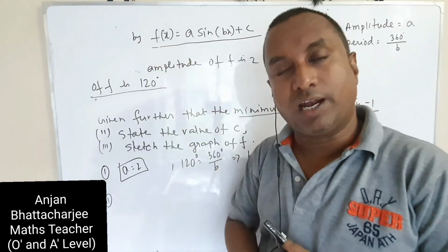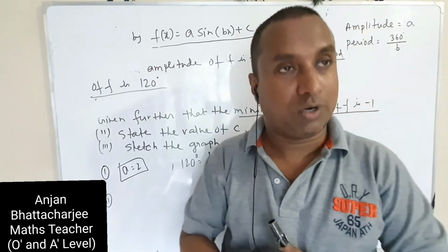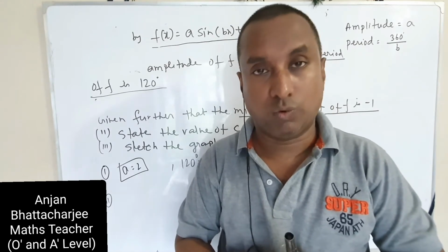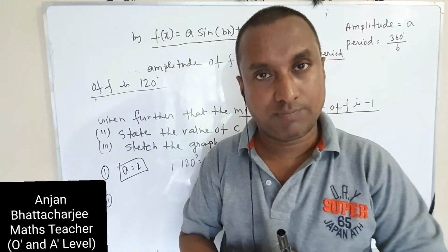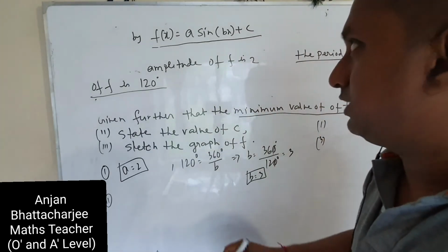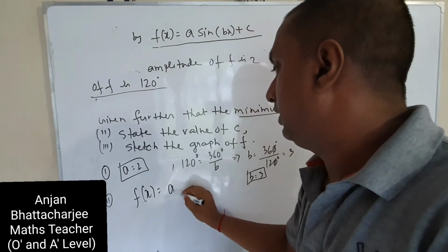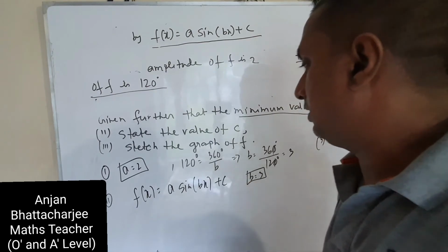But we have learned for the sine curve and cos curve, what is the maximum value of sin x? 1. What about the minimum value of sin x? Minus 1. Okay, so let me use that condition. f(x) equals a sin bx plus c.